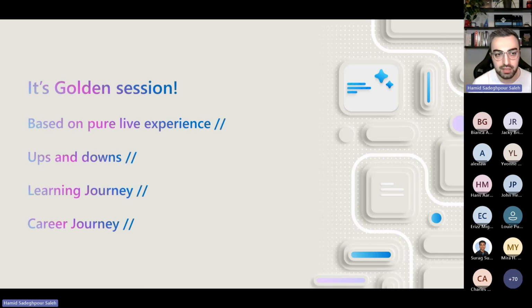Why am I calling it golden session? I thought that there's a story about it. Sometimes when I was communicating with colleagues, or when I was thinking about the past 5 years or past 10 years in the industry, it's almost 12 years that I'm in the industry. I started with different kinds of technologies in the first 2 to 3 years. And I really loved technology, and I still love technology. It doesn't matter what kind of technology it is.